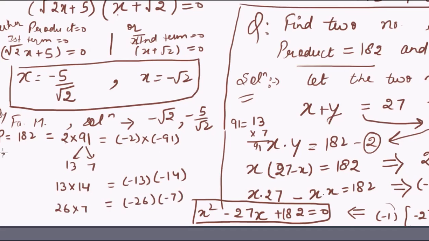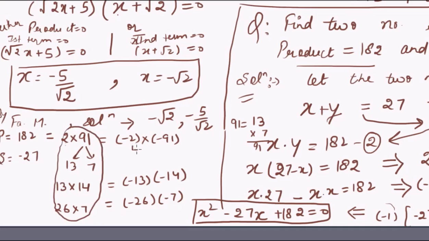Now the sum is -27. If we take the positive terms, we will never get a negative sum, because for having a negative sum, at least the bigger term must be negative. So all these can be rejected by just viewing the terms.